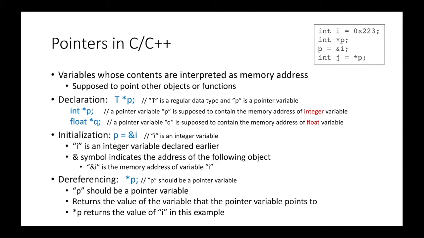We can get the value of i by dereferencing pointer variable p. To dereference, we use a star symbol, like star p. The last statement dereferences p and initializes regular variable j. It's the same as int j equals i.